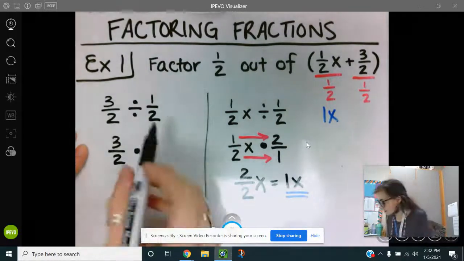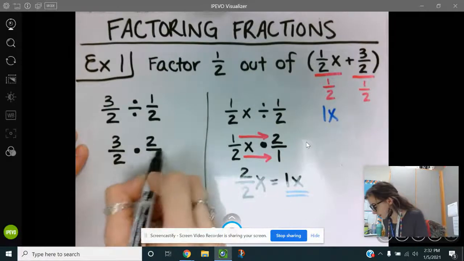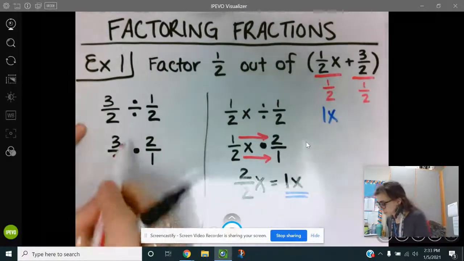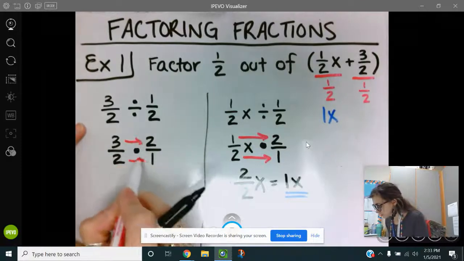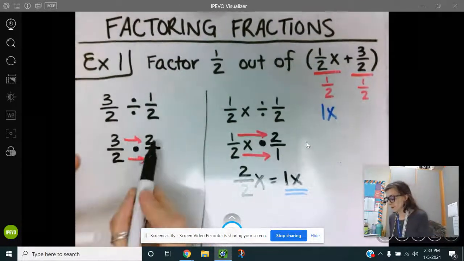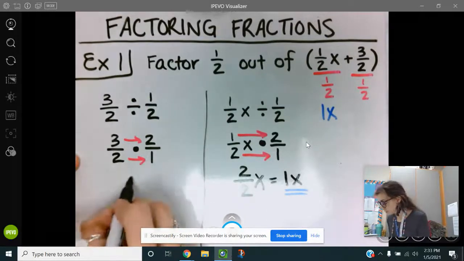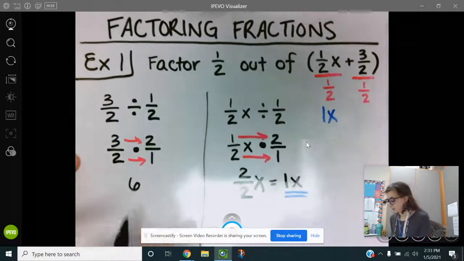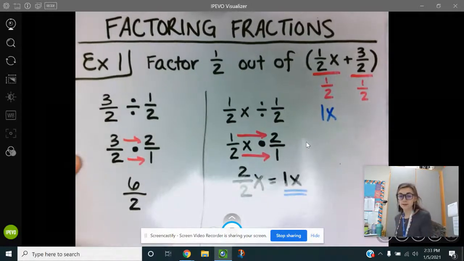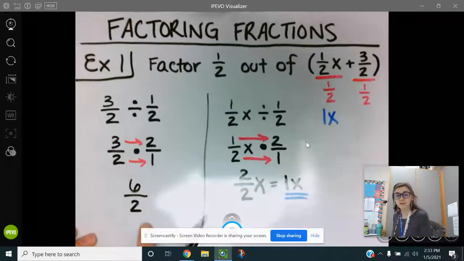We take the reciprocal of that second guy, which becomes 2 over 1. Then we've got to multiply these fractions. Multiply fractions means we go straight across. 3 times 2 is 6. 2 times 1 is 2. 6 over 2. Can that be reduced?